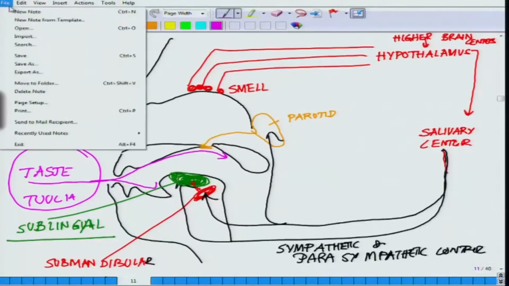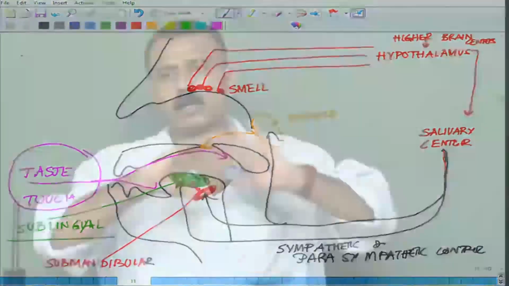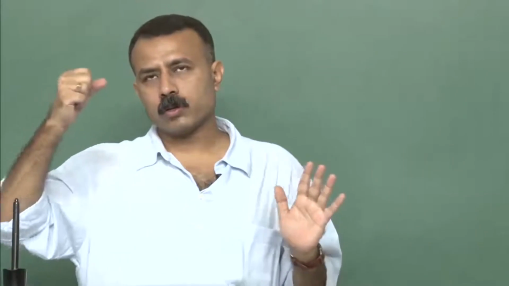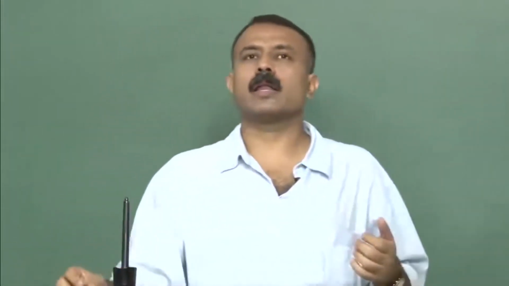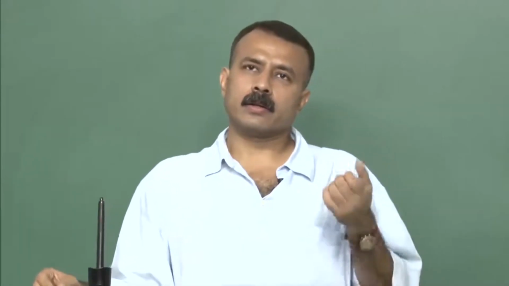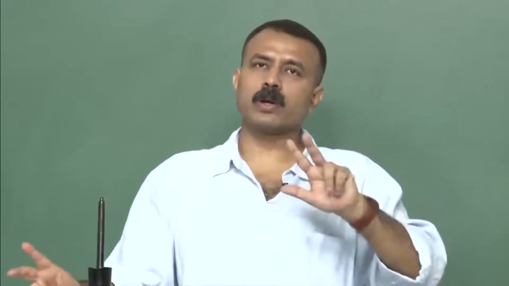So, essentially what is happening is that this whole thing is being controlled at multiple levels. It is controlled by the higher centers of the brain, which are telling the hypothalamus to act, or the hypothalamus receives a signal and based on that it acts. Vice versa, it is a two-way traffic.